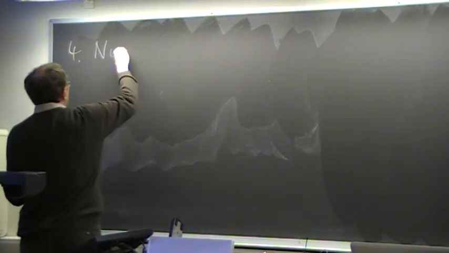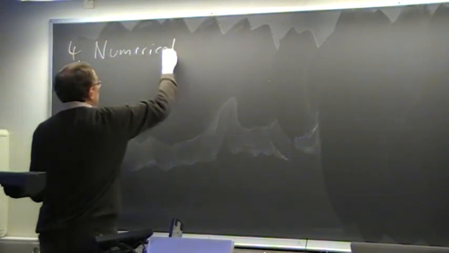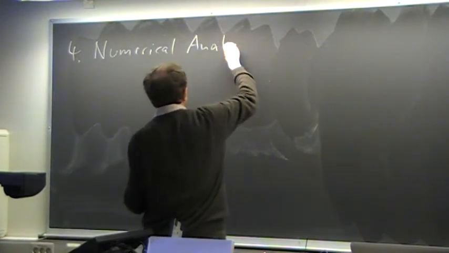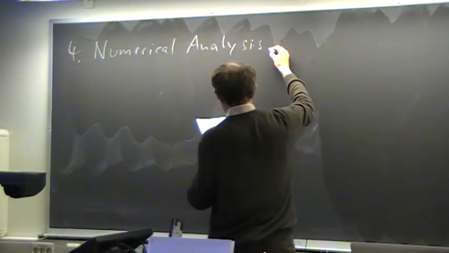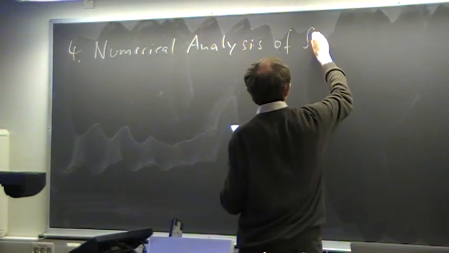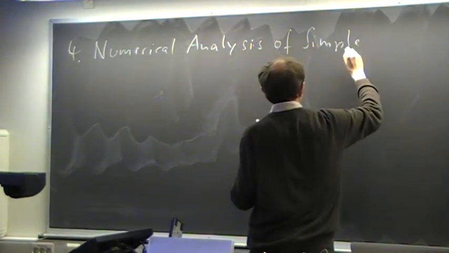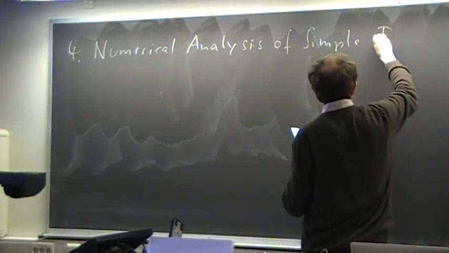So then we do a numerical analysis now of what is called in the book the simple implicit method.